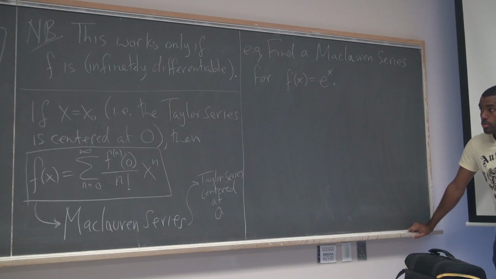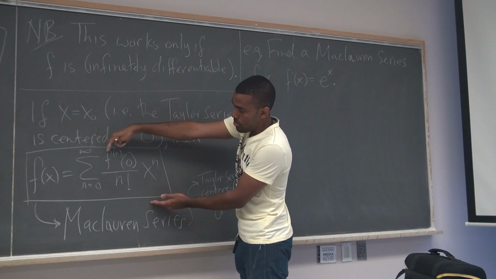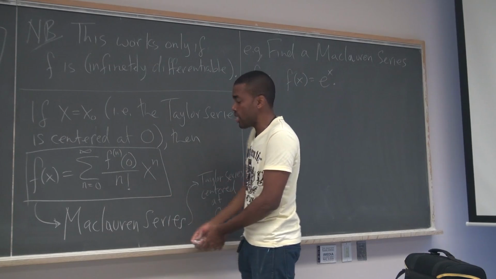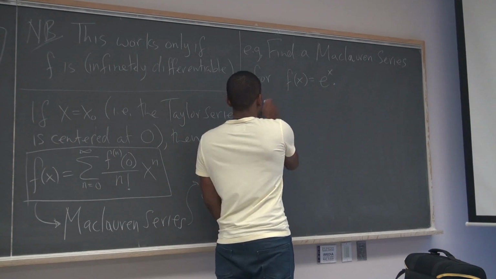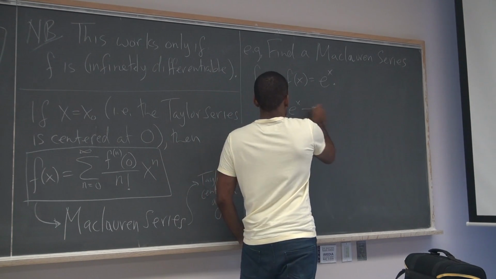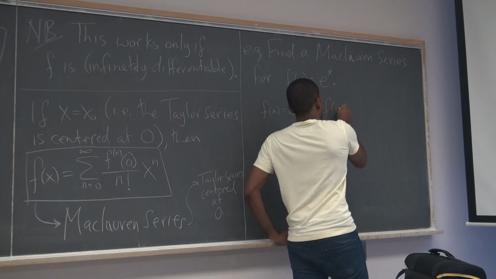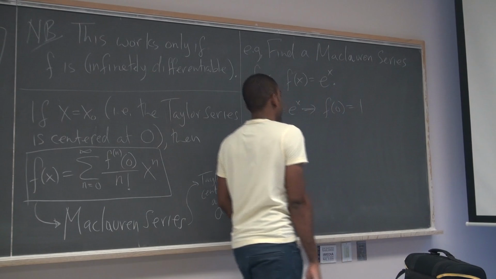What are we going to do? We're going to take a bunch of derivatives because I need to figure out this formula. I need to figure out what the nth derivative looks like, so I can plug into that formula and then I'm done. So first, what's the 0th derivative? I know f of x equals e to the x, which means f of 0 is equal to 1.